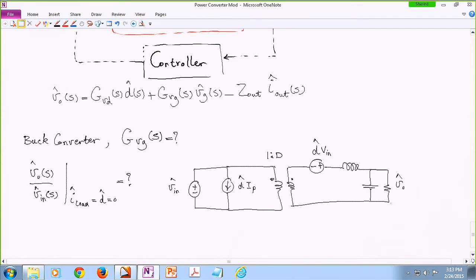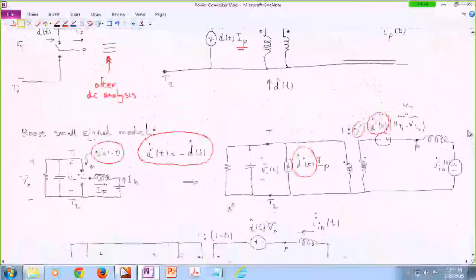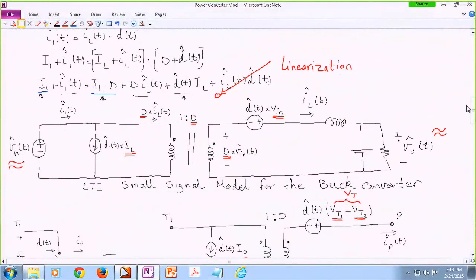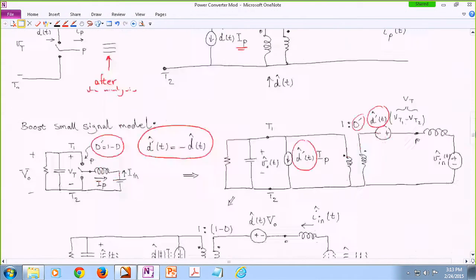Okay, so where did I get this? I just got it from the first small signal model that we developed, which was this one over here. So this is the same thing. IP and IL are the same, by the way.